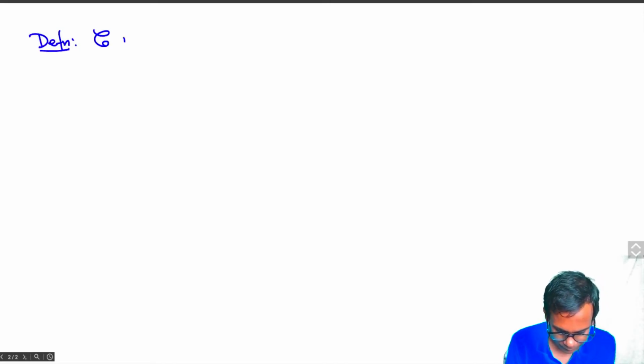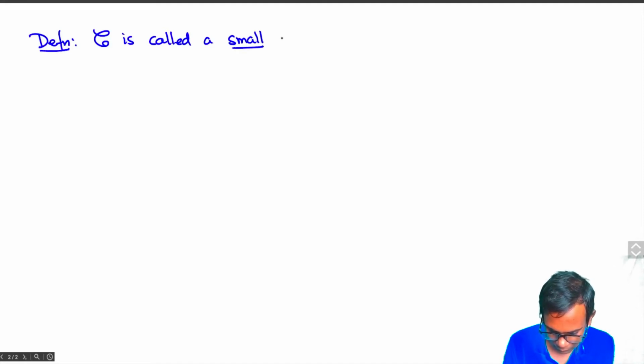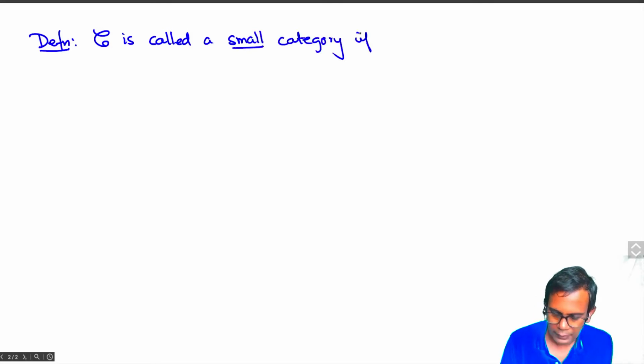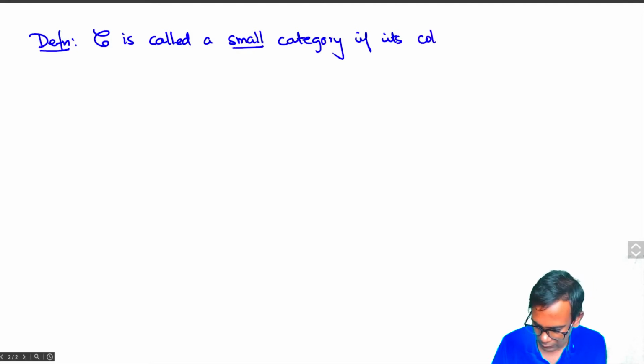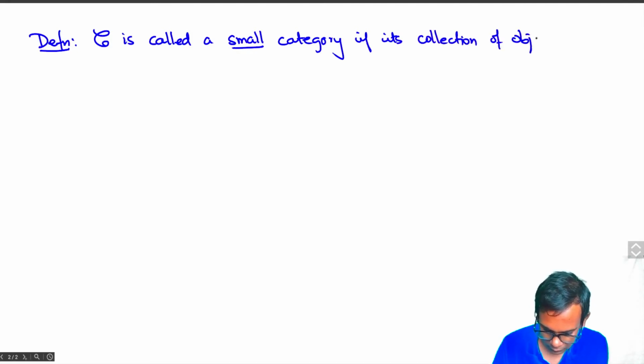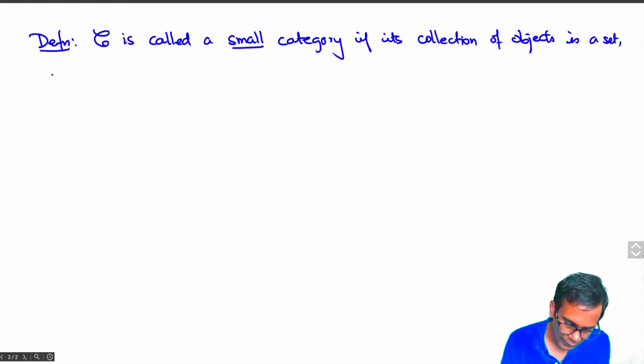So we'll say that C is a small category if its collection of objects is a set and its collection of arrows is also a set.